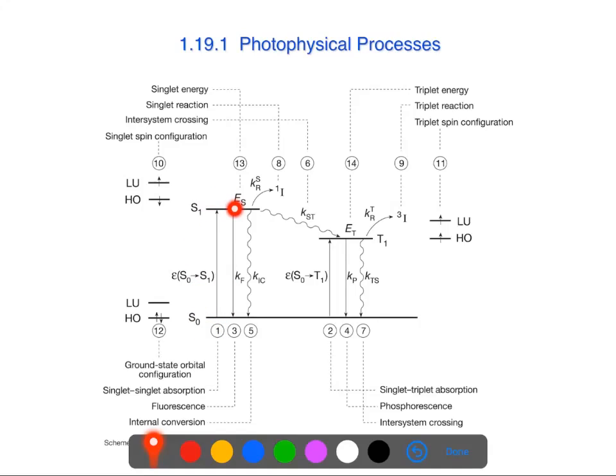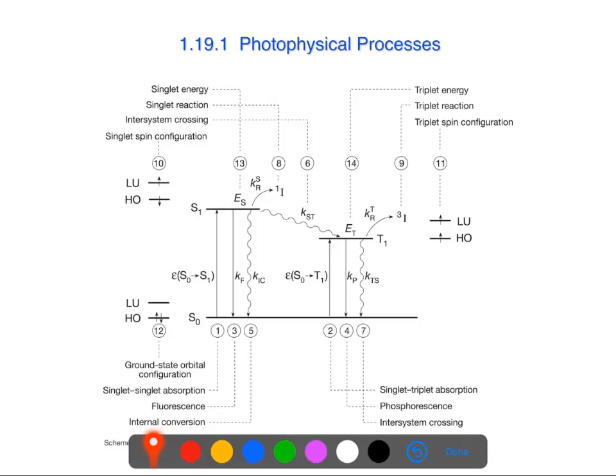We have fluorescence from the S1 to the S0. And likewise, between the T1 and the S0, we can have a singlet-triplet absorption, or we can have a T1 to S0 transition, which we refer to as phosphorescence. So we'll discuss the various radiative pathways for these electronic states.